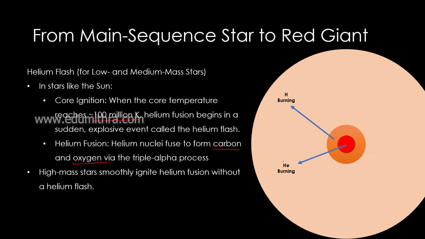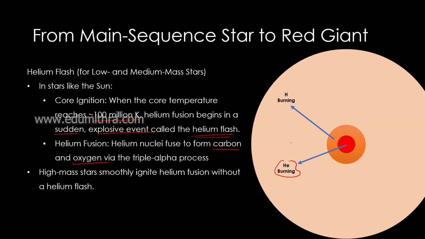Then the helium starts burning. It happens like a sudden explosive event, and it is called the helium flash of the star. Helium flash means the star starts to burn helium at the center.